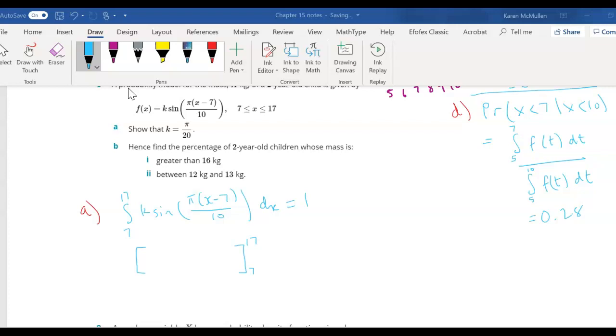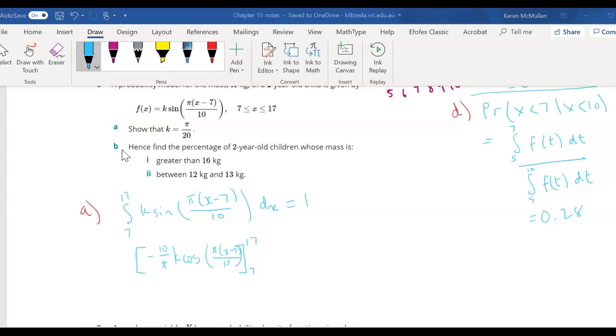So pi on 10 is going to become negative 10 on pi, k cos, and then whatever is in the brackets. So pi x minus 7, running out of room, on 10, close the brackets. I probably shouldn't have put that square bracket there.